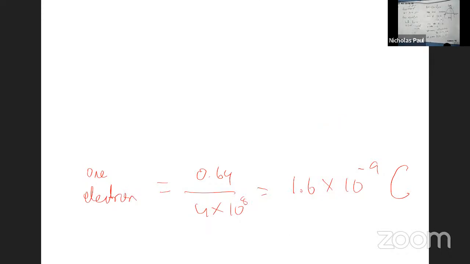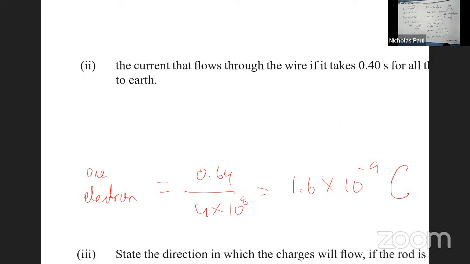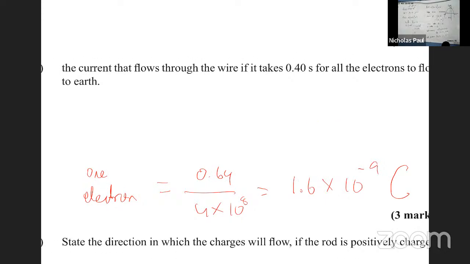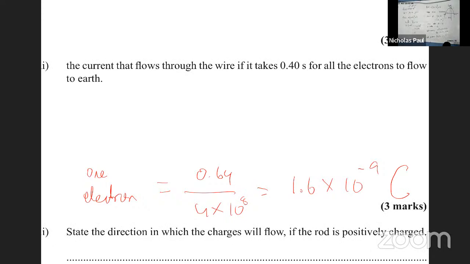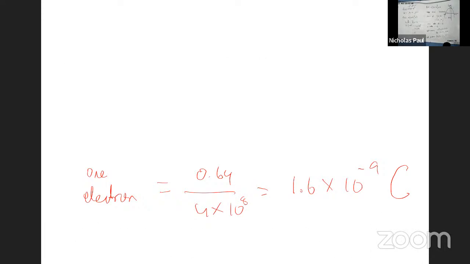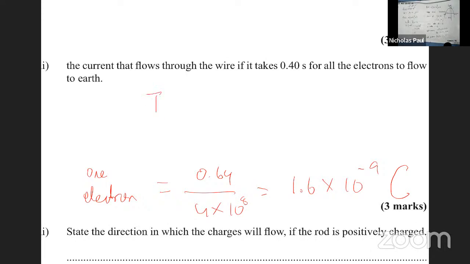Which is not really true, but find the current that flows through the wire if it takes 0.4 seconds for all the electrons to flow. What's the formula we're using here, Josiah? To find current, and they give the time. So I is Q over T. Q is how much?